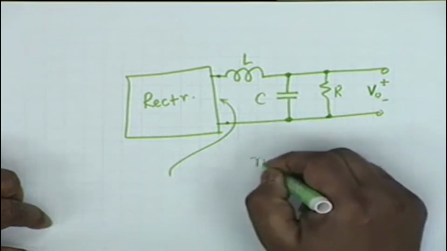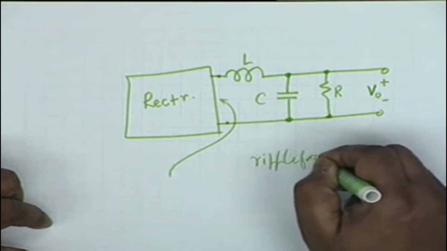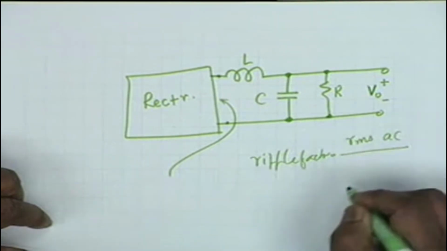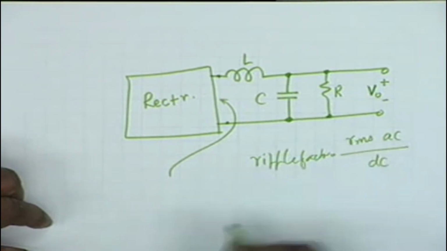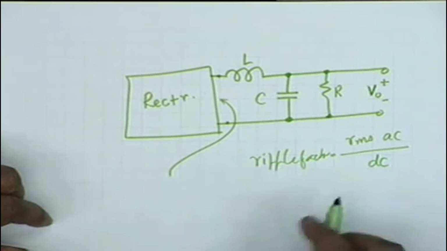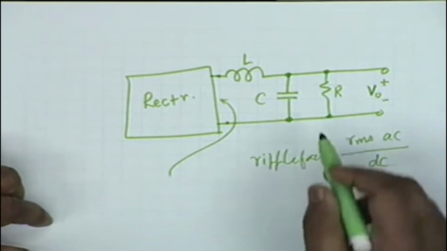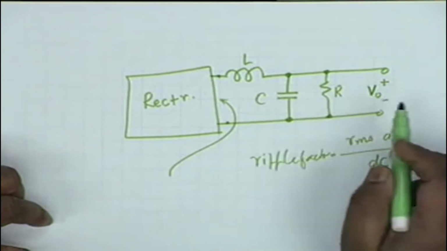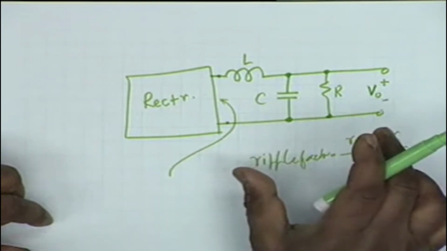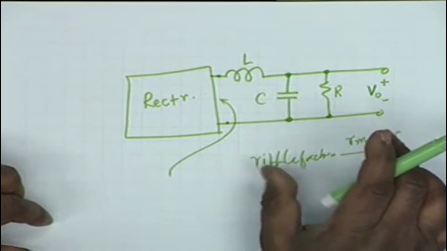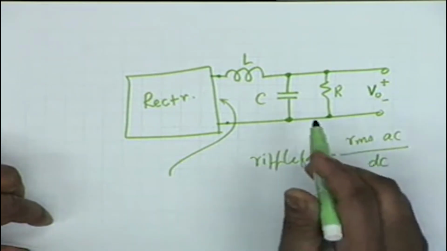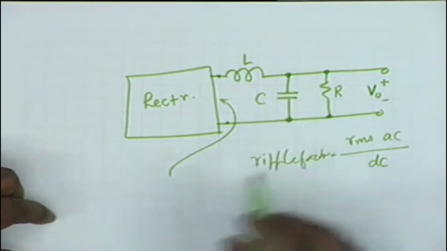So the ripple factor is a measure of the effectiveness of the filter. You measure the ripple factor at the output and at the input. These two should differ greatly. The output ripple factor should be much less compared to the input ripple factor, then the filter has been effective.